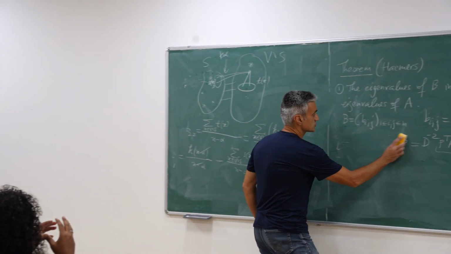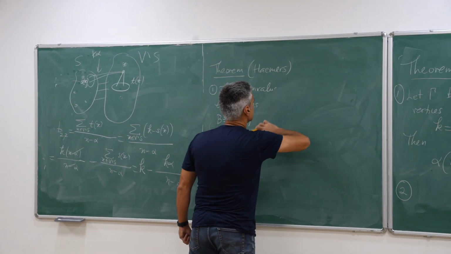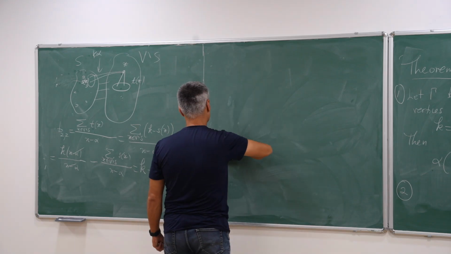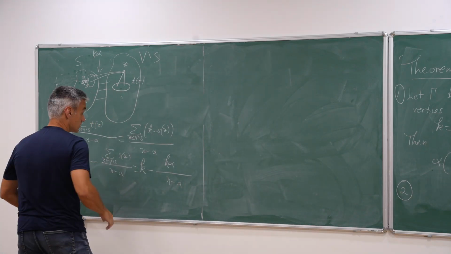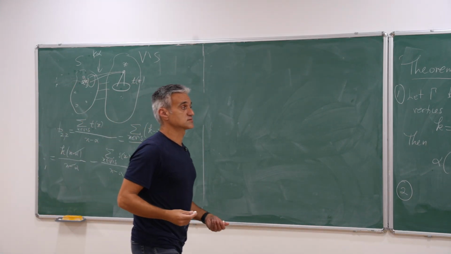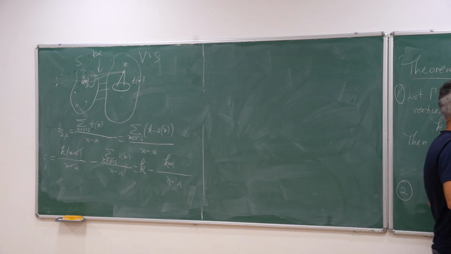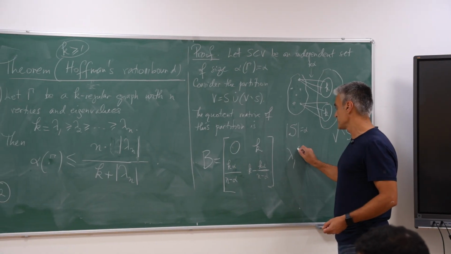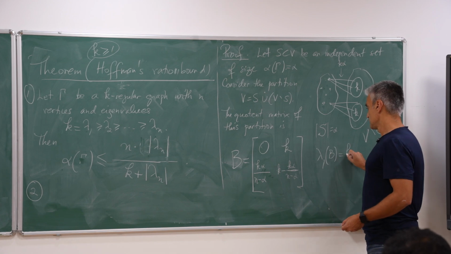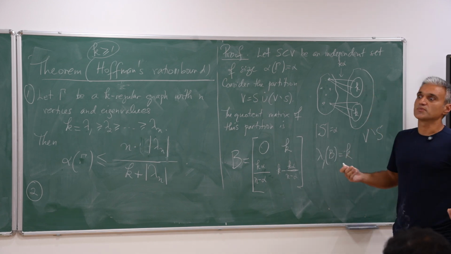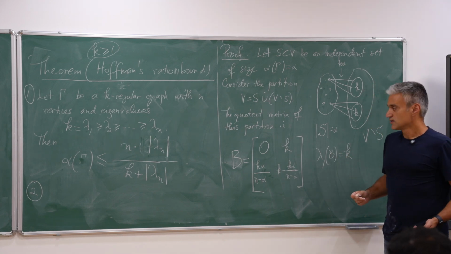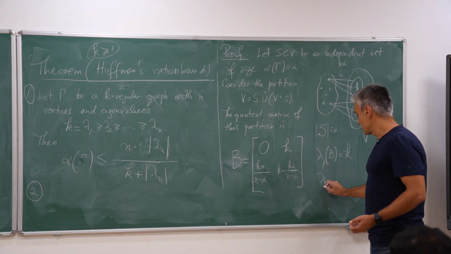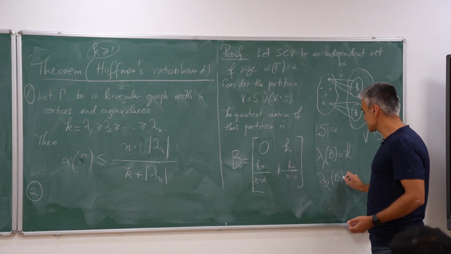Okay. So now, row sums are k, so therefore lambda 1 of B is k. So we won't get much information out of that. But what is lambda 2 of B, which is the same thing?